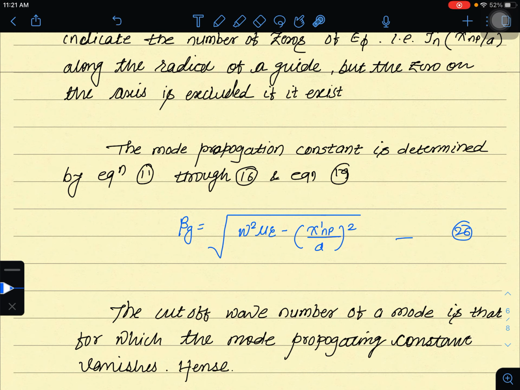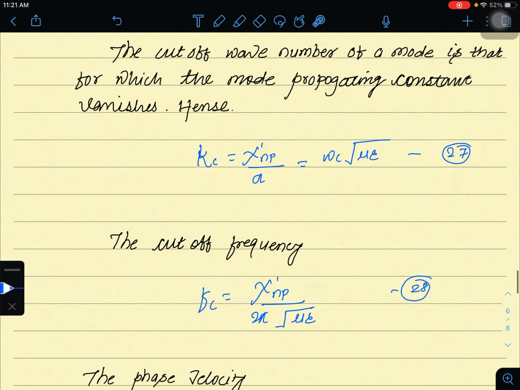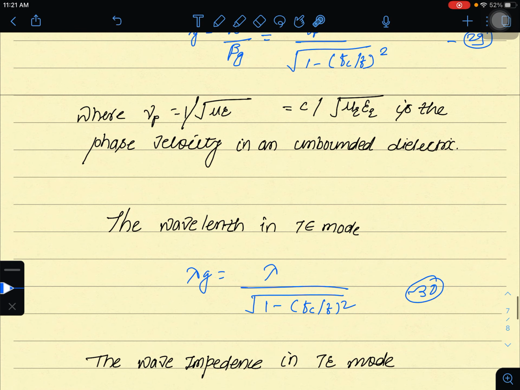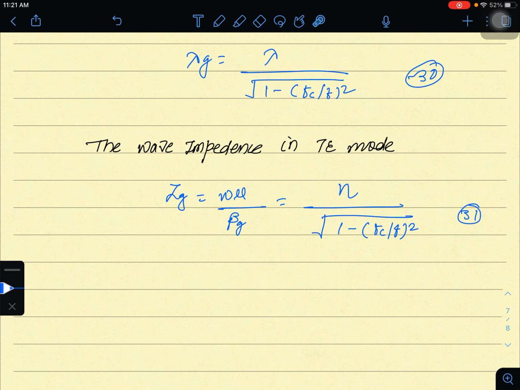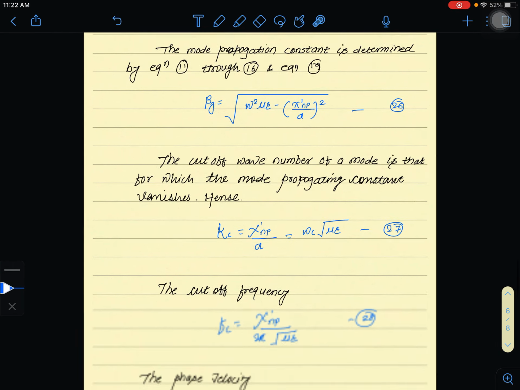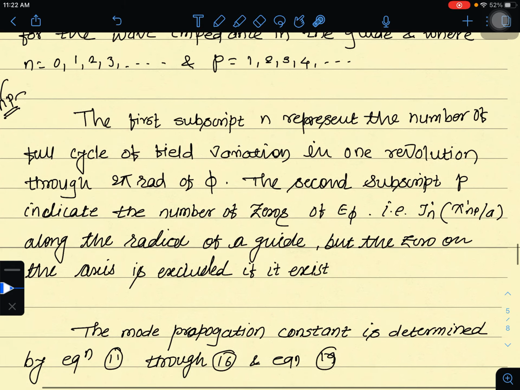So we find out the propagation constant, cutoff wave numbers regarding the number of modes, how the mode propagation constant vanishes, and the general factor, that is cutoff frequency related with the TE mode, the phase velocity and the wavelength related with the TE mode, and last one, the wave impedance. Now I just want to tell you these equations are very important for MCQs. Please be focused on that point.